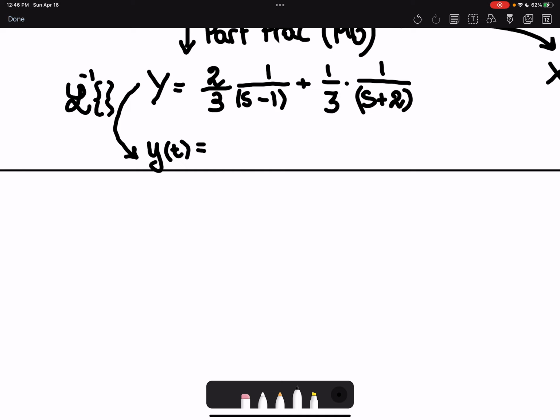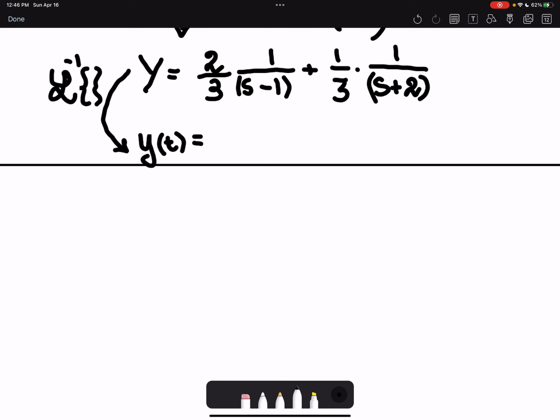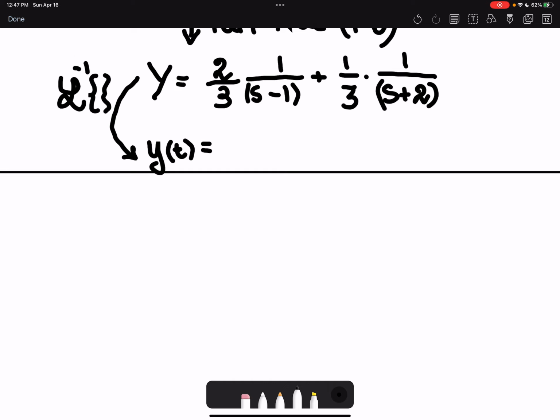Yeah, I have 1 over S minus a, where that a becomes the coefficient of t in the exponent of e to the at. So this is going to be 2/3 times e to the a, which in this case is 1, t.